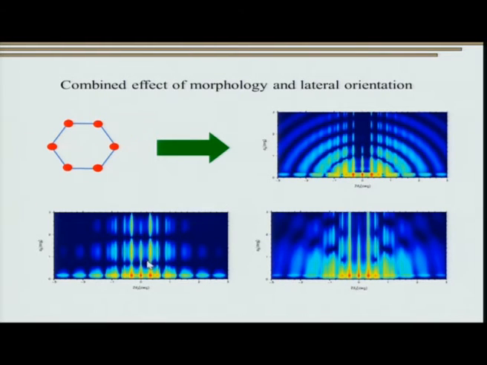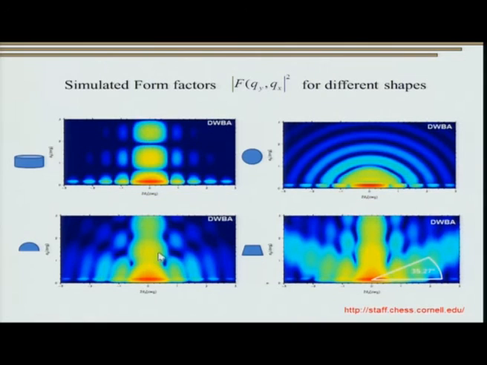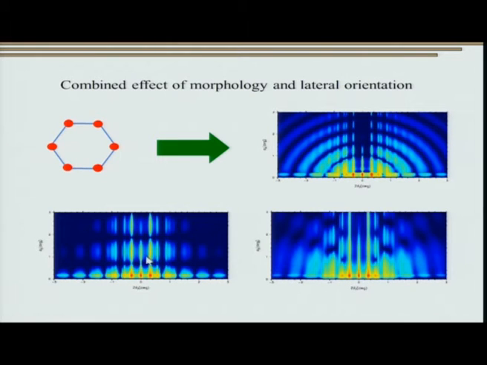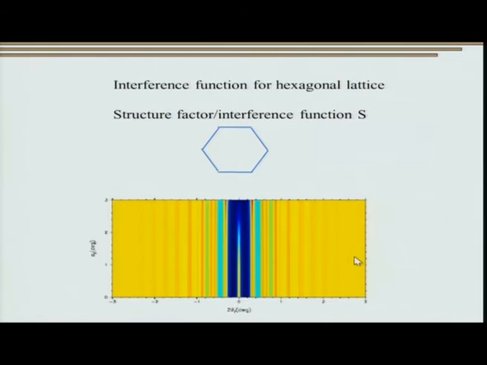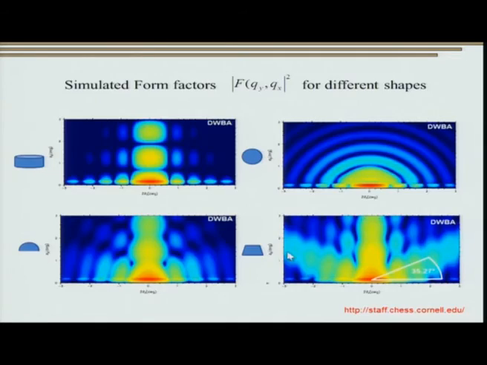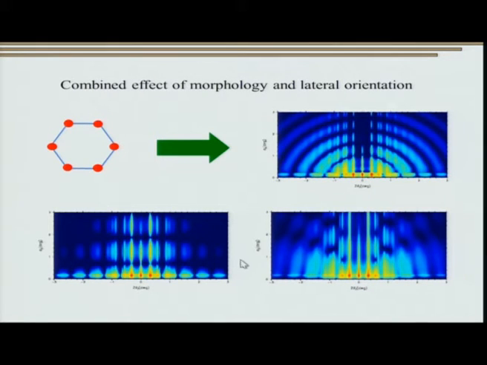Now, if you look at this one, this is a superposition of a half sphere with the hexagonal lattice, while this is a superposition of a prism with the hexagonal lattice.